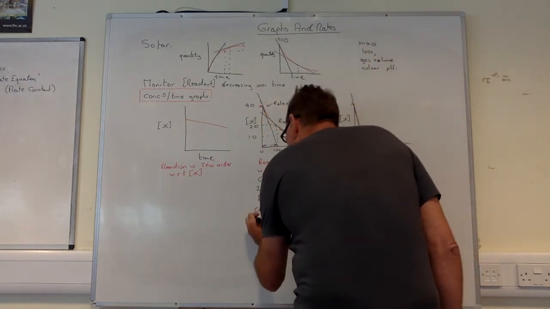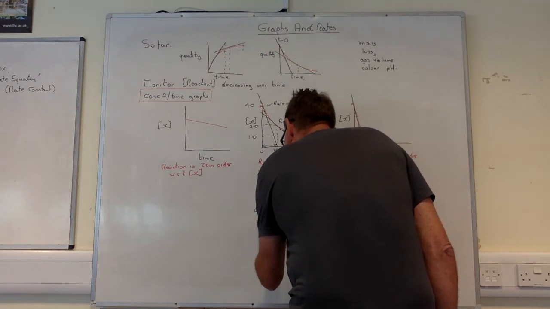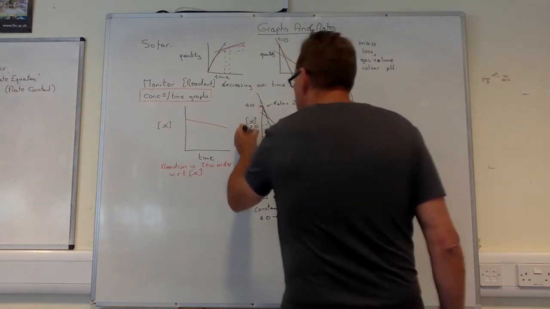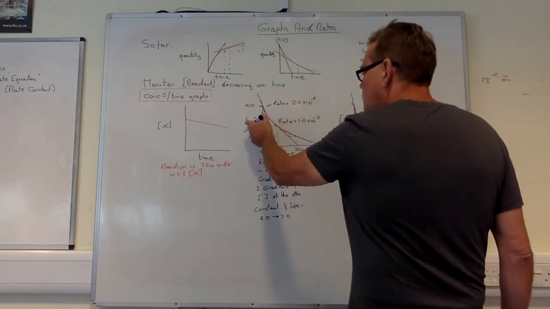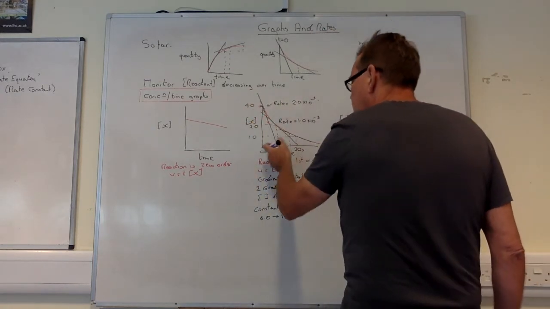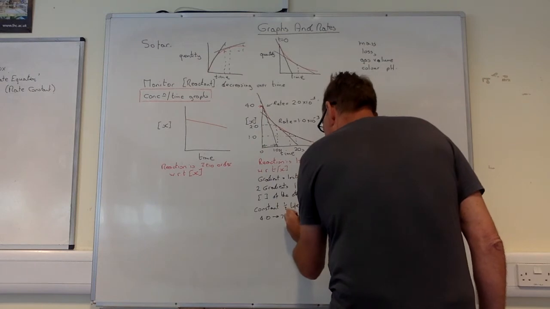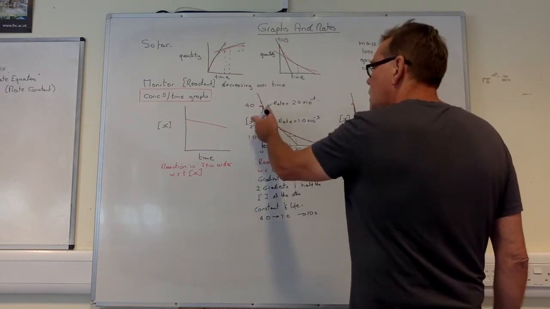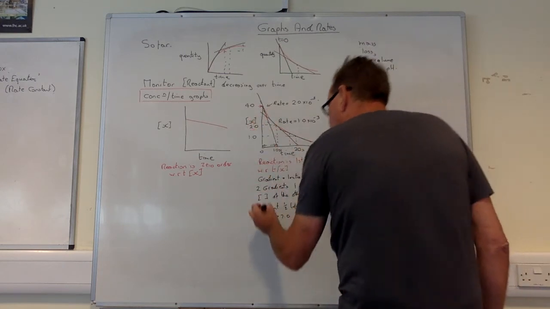In other words, to go from 4 to 2 moles per dm cubed, right? When the concentration goes down by half, it's taken 10 seconds. Do a second half-life. The time for the concentration to go down by half again, from 2 to 1.